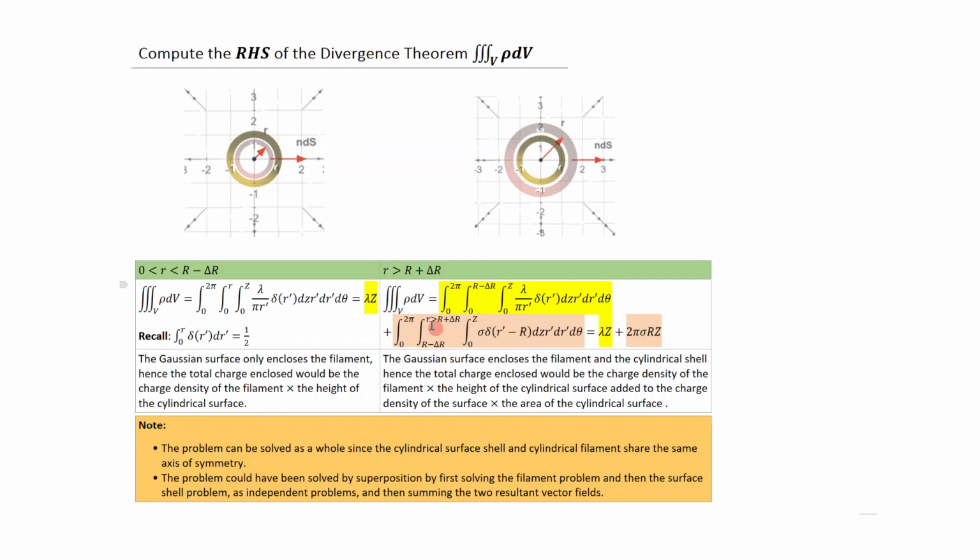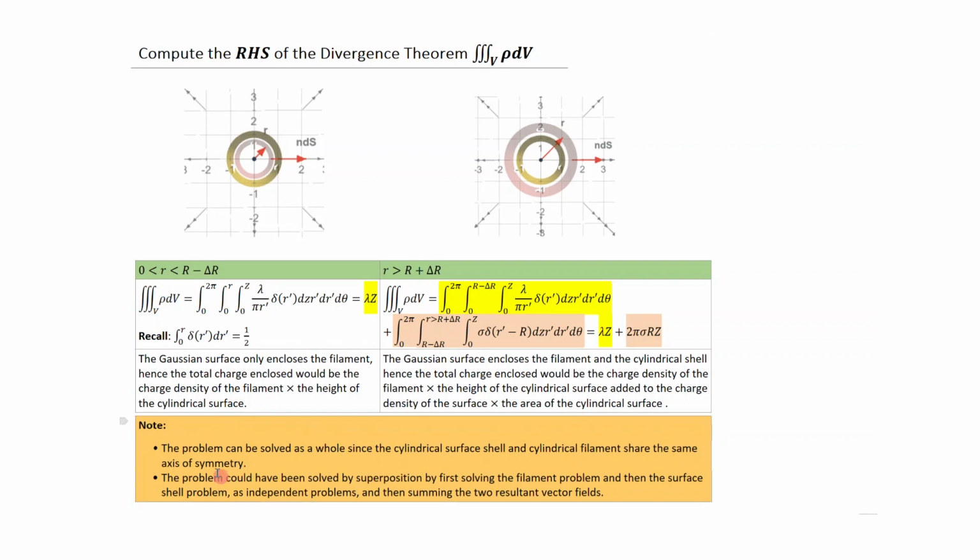If we do this integral, it just becomes 2 pi, the contribution from theta. Delta of r' minus R, dr' just means that we're sampling r' at capital R, so that produces the R value that you see here, and then sigma and Z. So we end up with this value for r greater than R plus delta R. That more or less completes the calculation of the right-hand side.